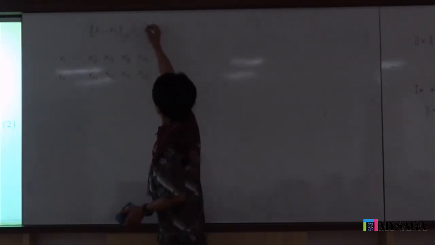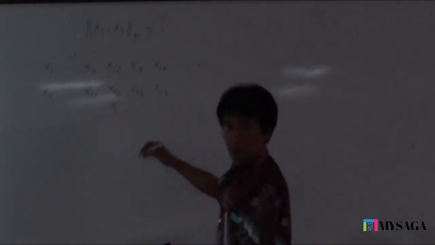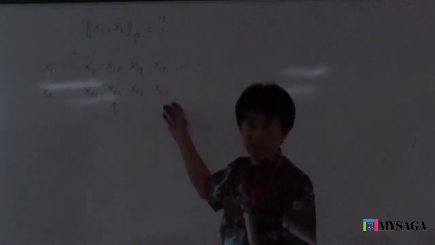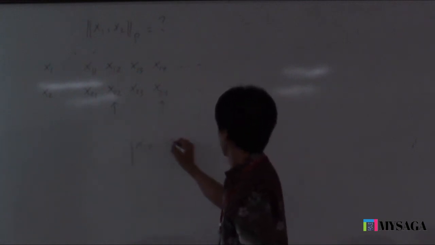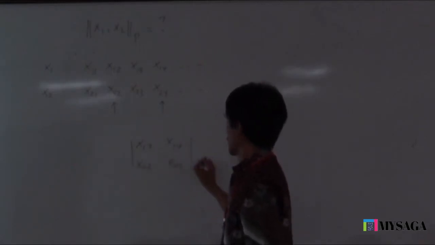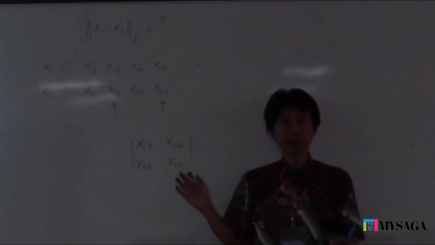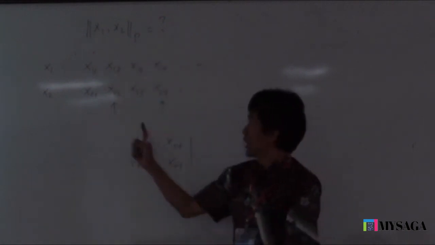Now, how do we define it? The idea is the same. We take any two columns here, for example, this and that, and then I get this. So think of this as the area of the original parallelogram projected on the second axis and the fourth axis.